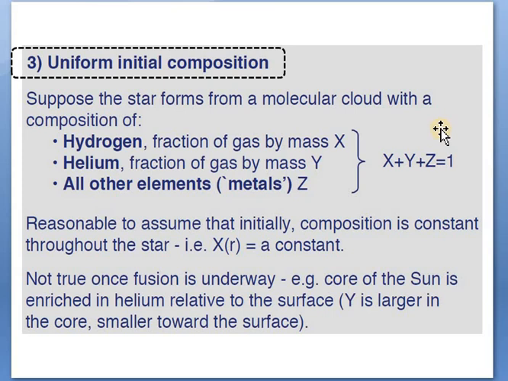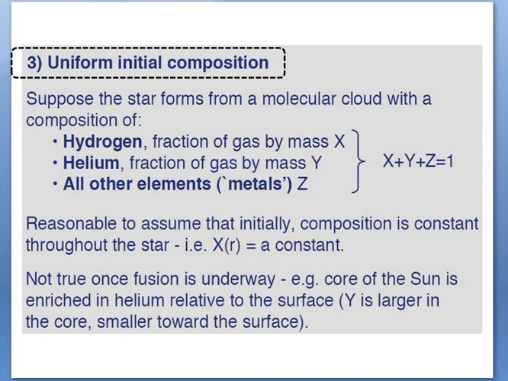It is reasonable to assume that initially the composition is constant throughout the star, which means X, Y and Z as a function of the distance from the center are constants.